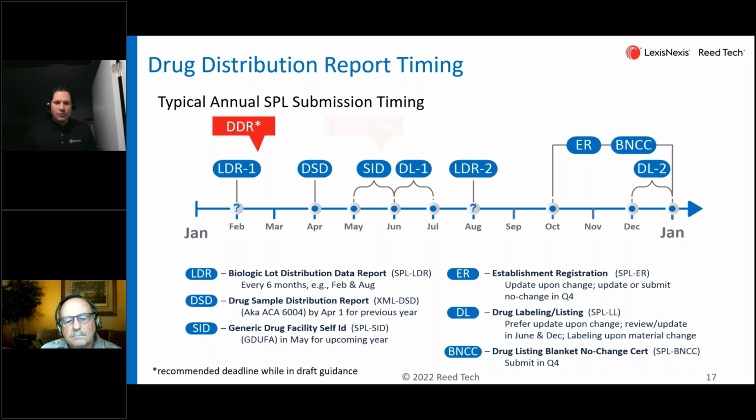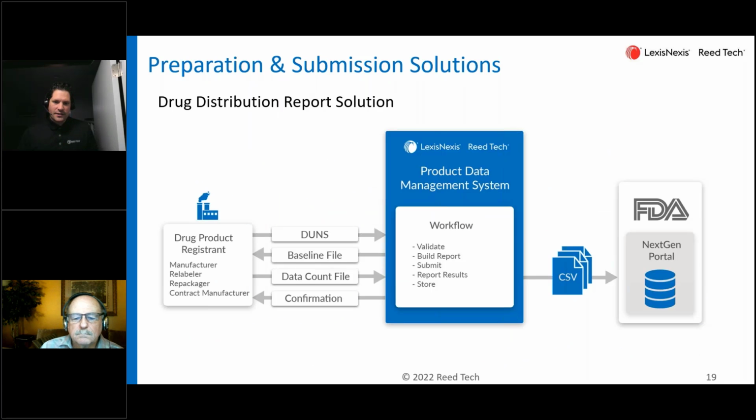So you can move forward now to where we're talking about the preparation and submission side. What we've been working with our clients on is helping create that cross-functional team that's helping gather the data.